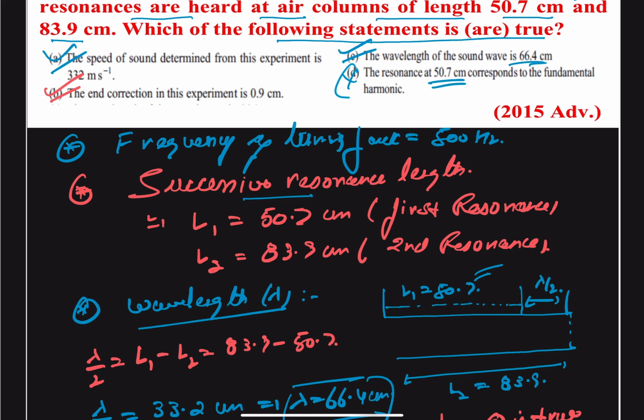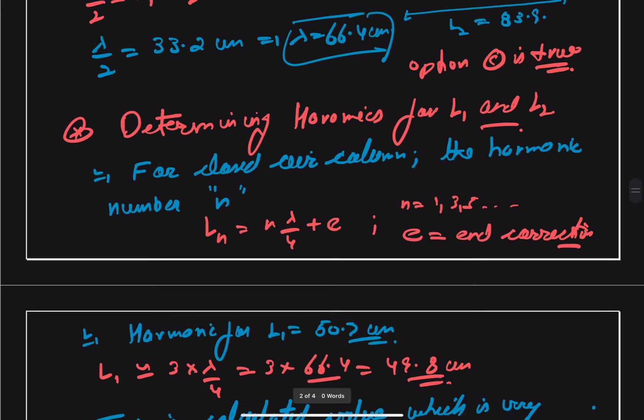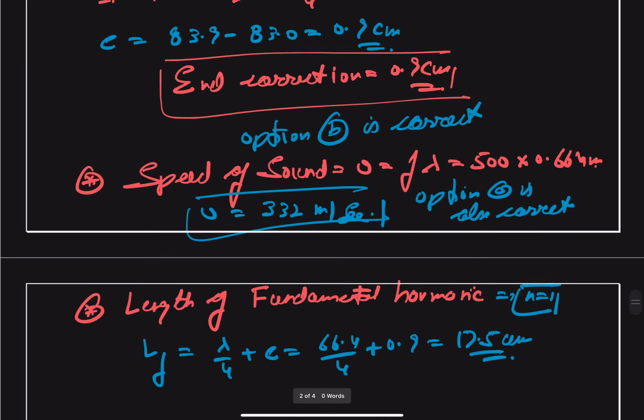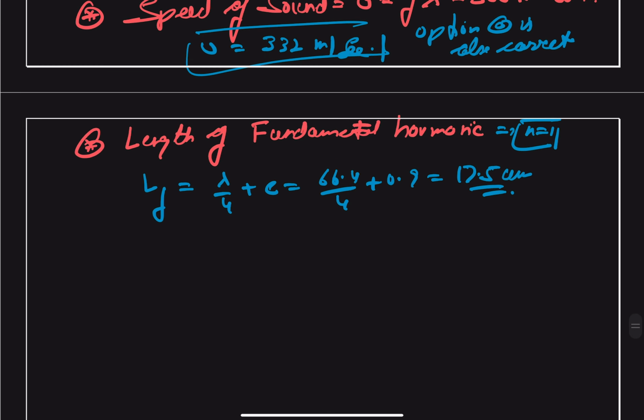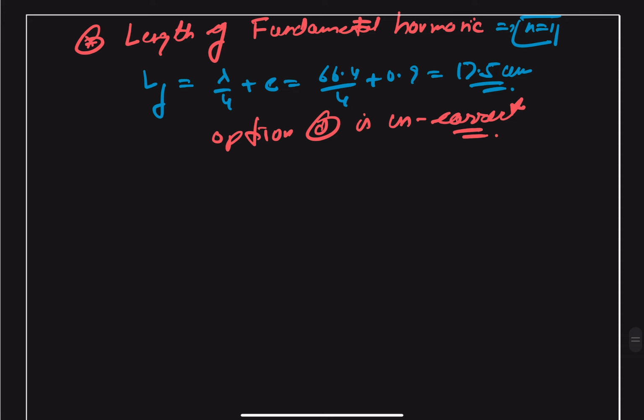So this option is wrong, and D is incorrect. So the correct options are A, B and C.